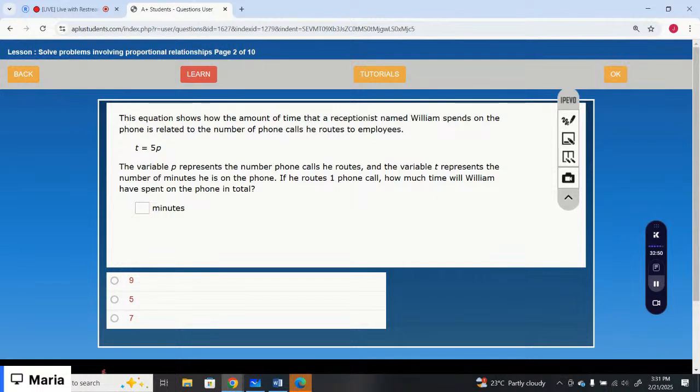This equation shows how the amount of time that a receptionist named William spends on the phone is related to the number of phone calls he routes to employees, that is T equals 5P. The variable P represents the number of phone calls he routes and the variable T represents the number of minutes he is on the phone.